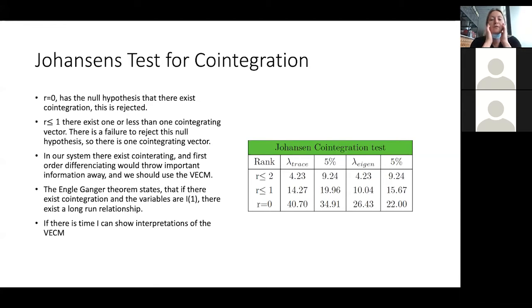But I also fail to reject that the rank is 2. So do you also reject r less than or equal to 2? You reject? So these are the critical values next to it. Okay, I'm wrong.